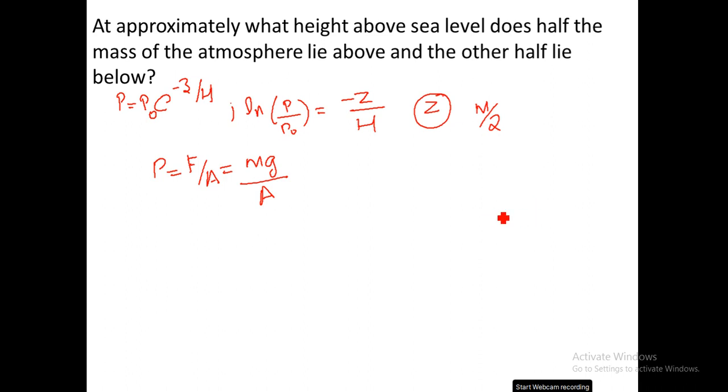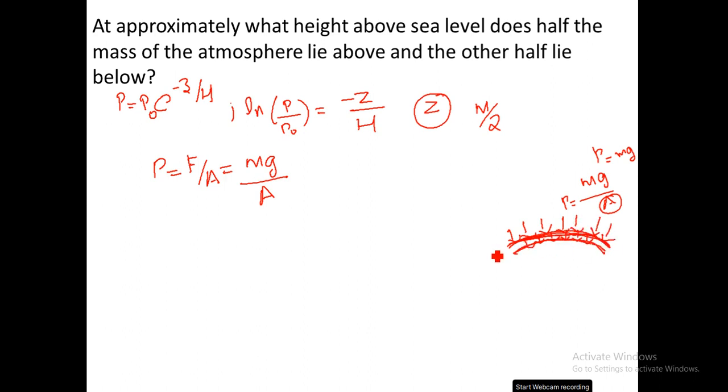Suppose this is the surface of the earth, we have the atmosphere here, and this is the surface pressure. This is the weight exerted by the atmospheric layer on the surface. So the force exerted by the layer will be mg, and per unit area is pressure. So pressure will be mg, the weight of the atmospheric layer above it, per unit area. If we want to calculate the pressure at this level, it will be the weight exerted by the atmosphere above that layer, right?